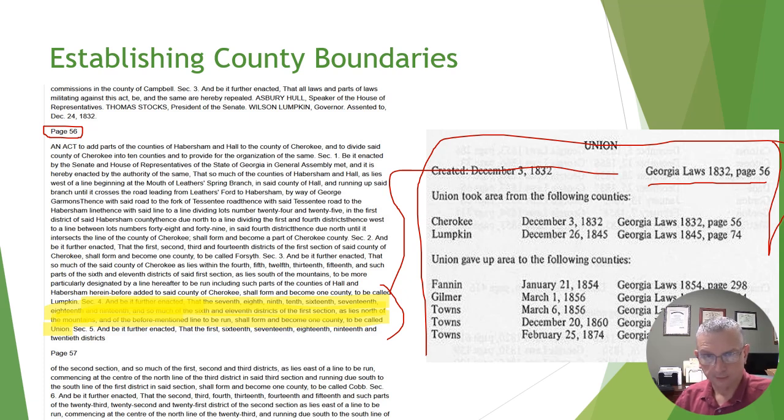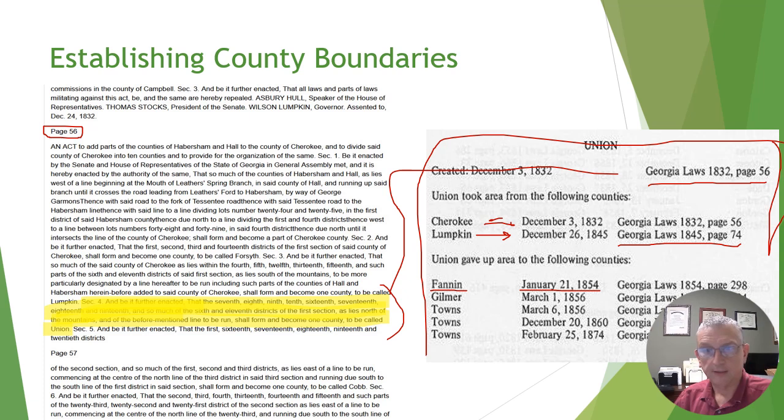Union took from the following counties. Took additional land from Cherokee County. Well, this is the initial act. Then it took some land from Lumpkin in 1845. There you could find information on that. Laws 1845, page 74. Union then shrank a little. They gave up some land that helped form Fannin County in 1854.